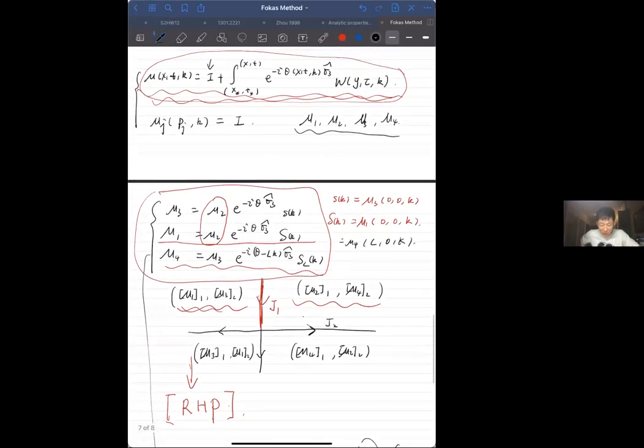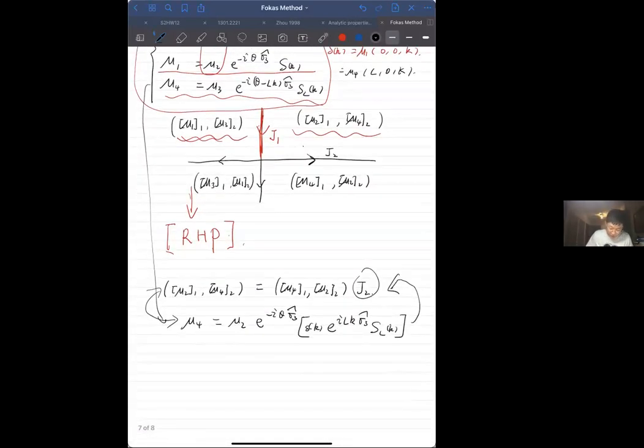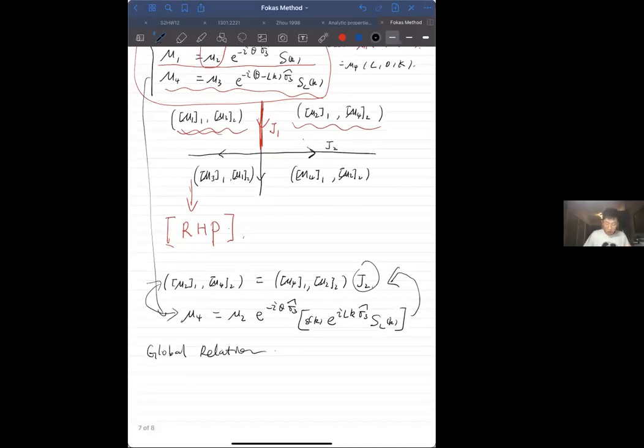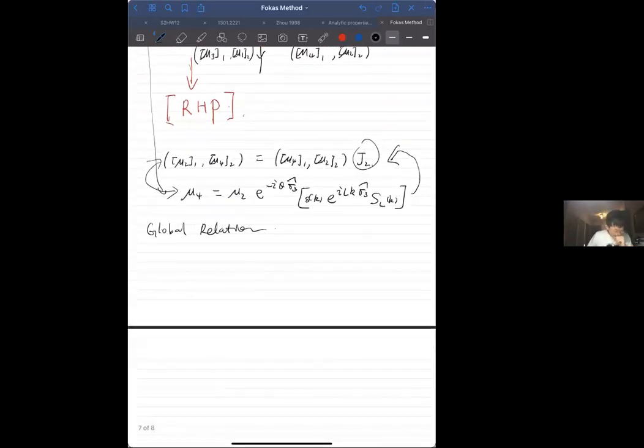And the last part is to derive the global relation. This is the whole idea of the Fokas method. This comes from just computing mu4 at (0,t,k), and you compute this thing, it will give you a global relation.